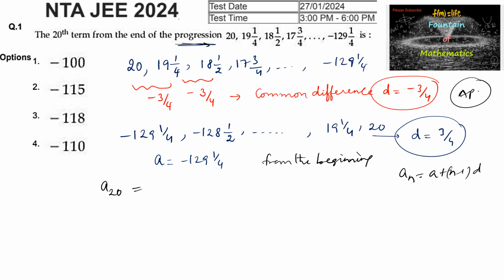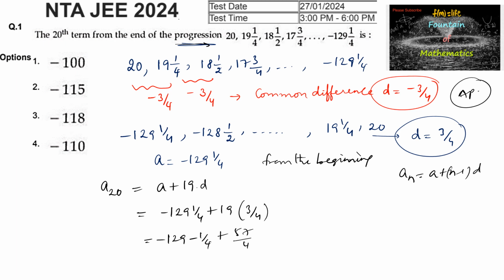So we can write a plus 19d, that is minus 129 1/4 plus 19 into the common difference 3/4, that is minus 129 minus 1/4 plus 19 threes are 57 divided by 4, which is minus 129 minus 1/4 plus 57/4.